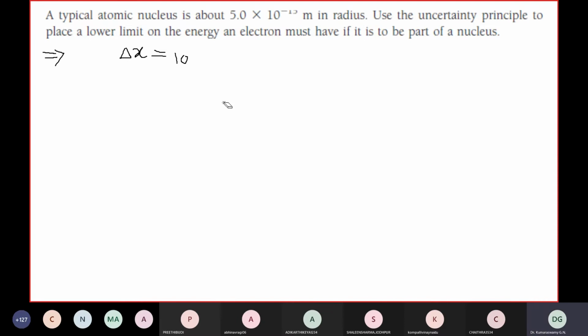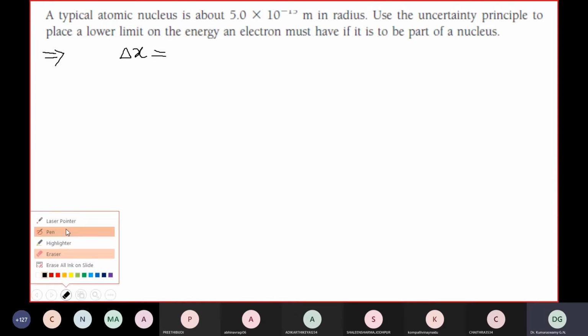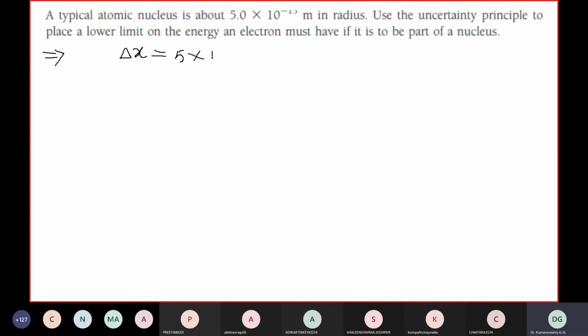That is considered as its uncertainty. The electron could be found anywhere within this region. We don't know where it exactly exists.